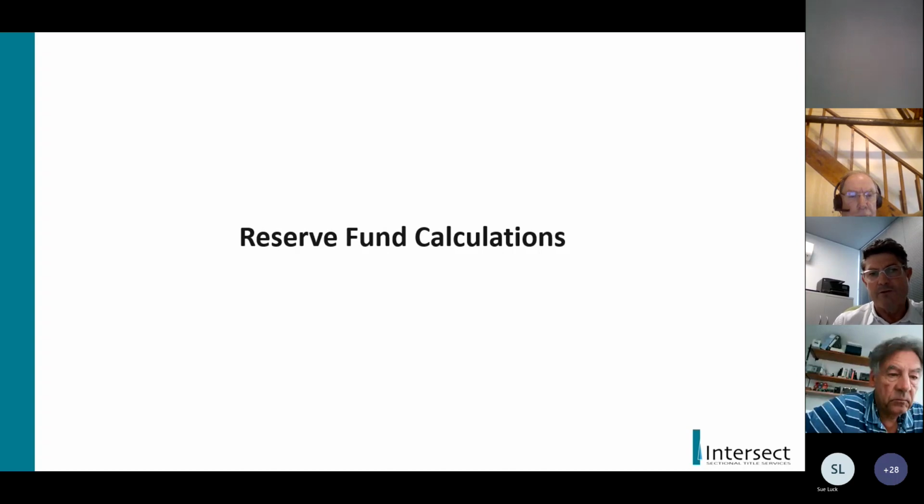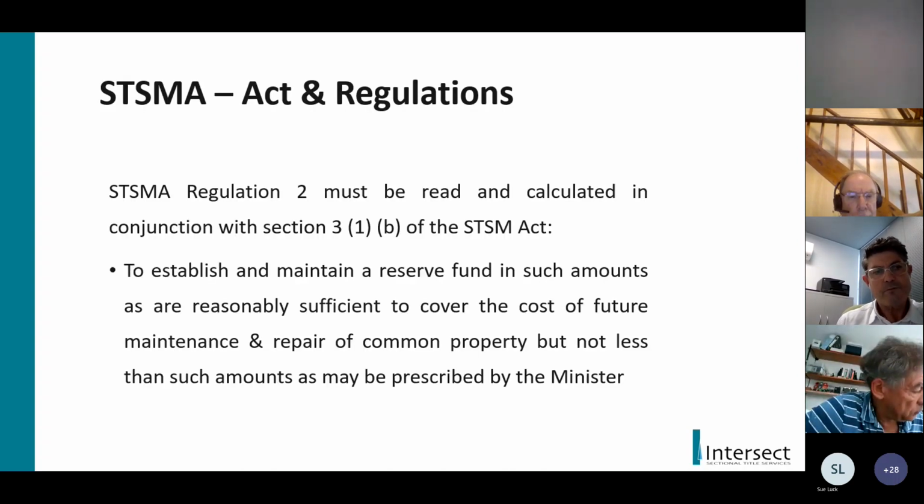All right, we're going to have a look at the reserve fund calculations. And so the Sectional Title Schemes Management Act and regulations is of importance here. Sectional Title Schemes Management Act Regulation 2 must be read and calculated in conjunction with section 3(1)(b) of the Sectional Title Schemes Management Act.